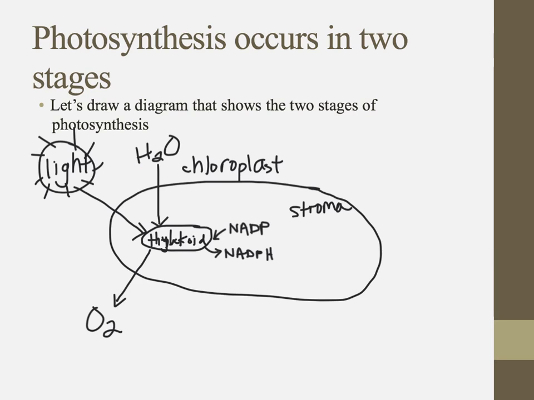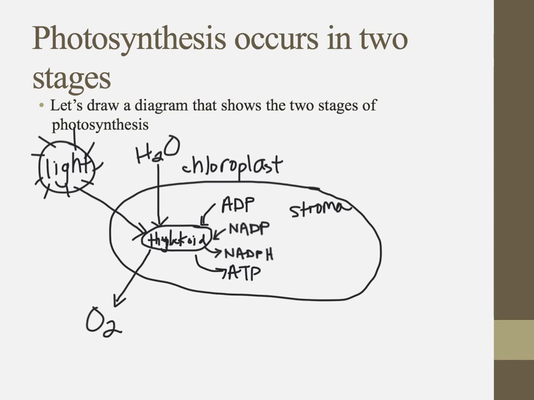We said that we were going to use the energy from light to do two things. One was photolysis, which we just finished. The other thing that we're going to use that energy for is to recharge ADP into ATP.